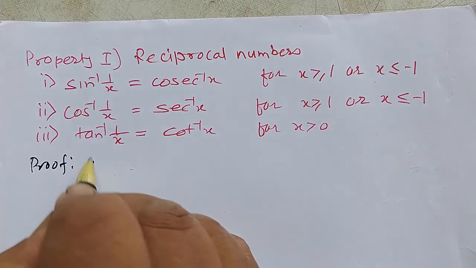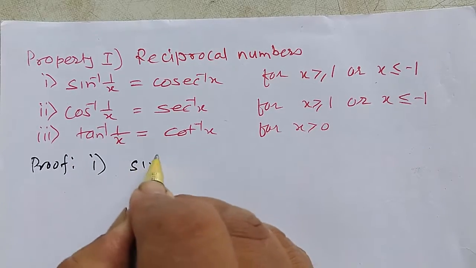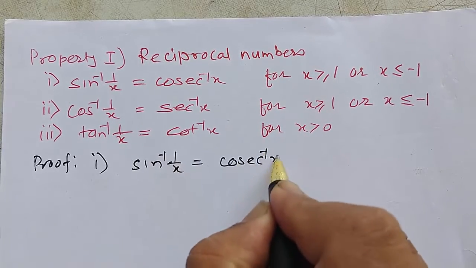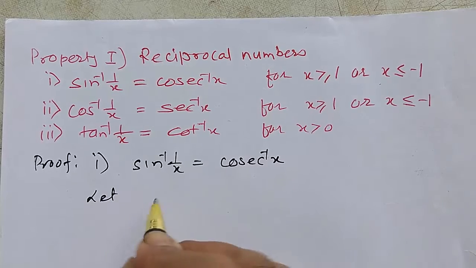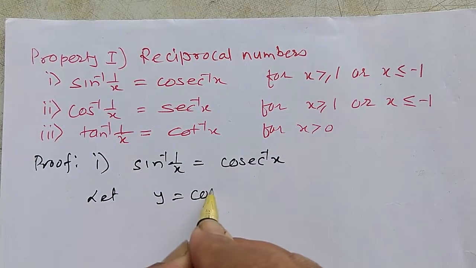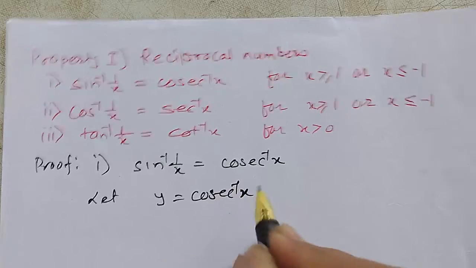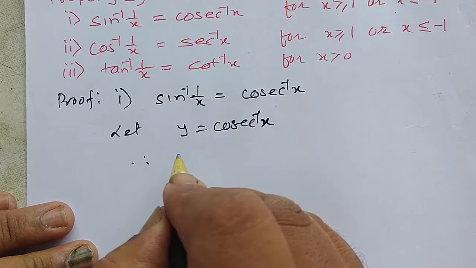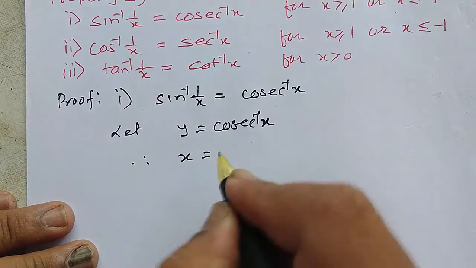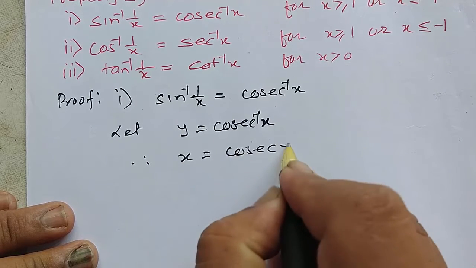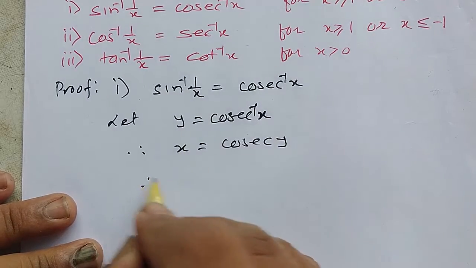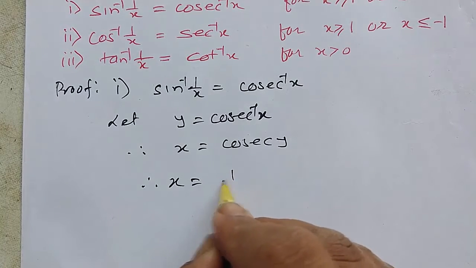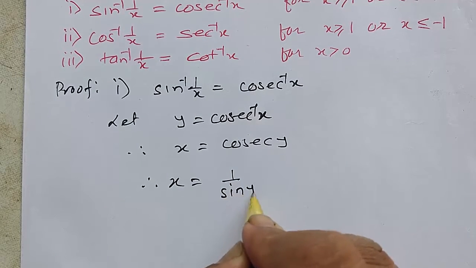Now the proof. We consider first sine inverse of 1 upon x is equal to cosec inverse of x. Let us take y equal to cosec inverse of x. Therefore, by definition, x is equal to cosec of y. Now cosec y means 1 upon sin y.